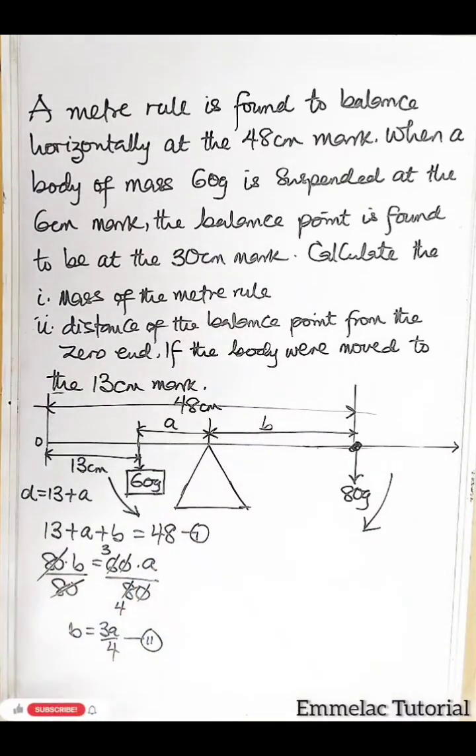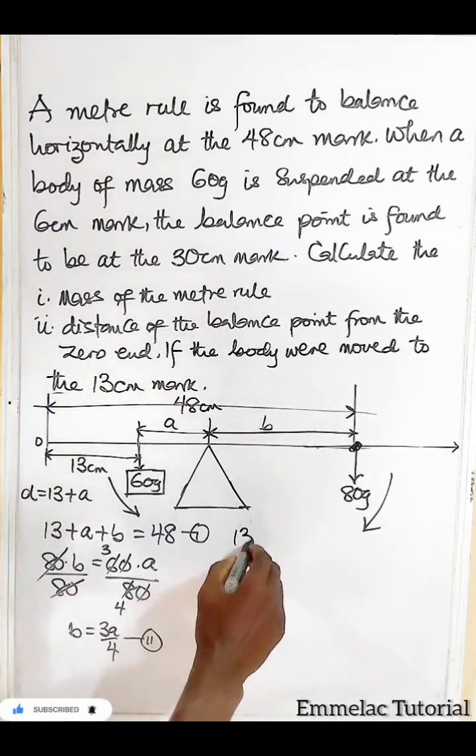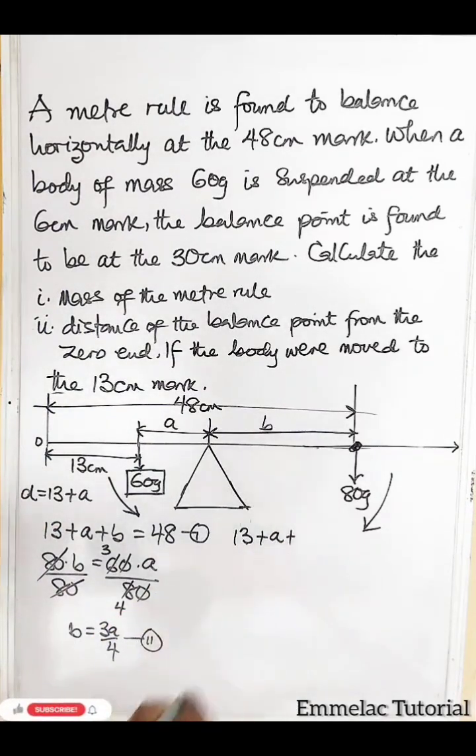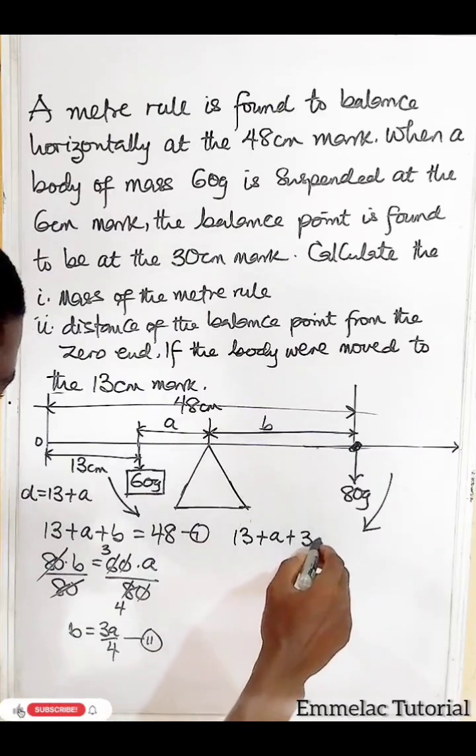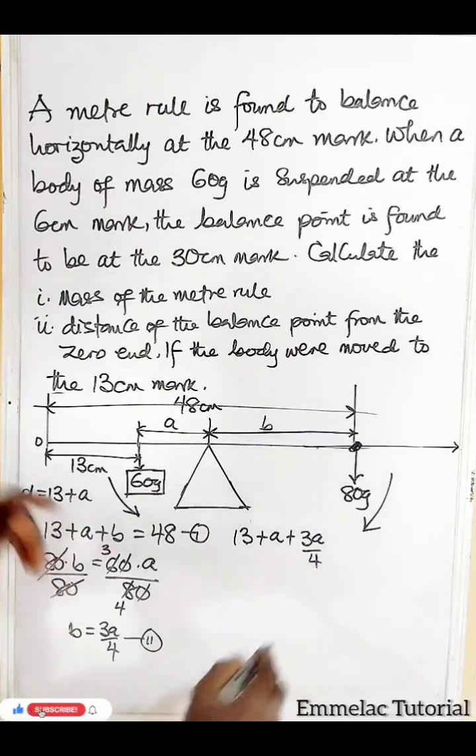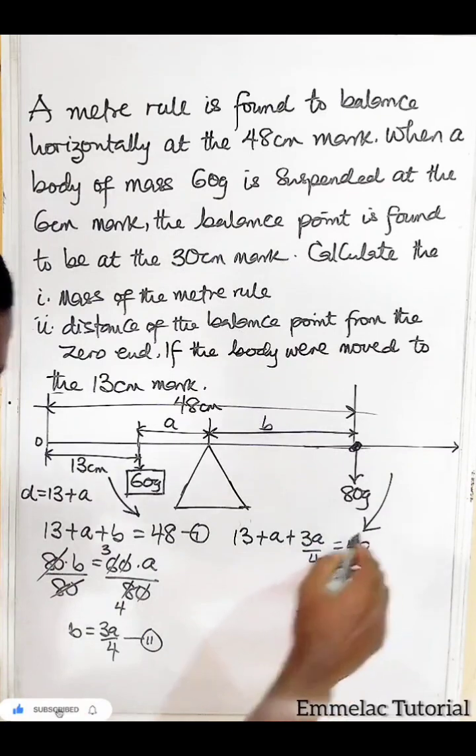Now since we are actually looking for A to help us find the value of D, let us plug equation 2 into equation 1. So here we have 13 plus A plus 3A all over 4 equals 48.